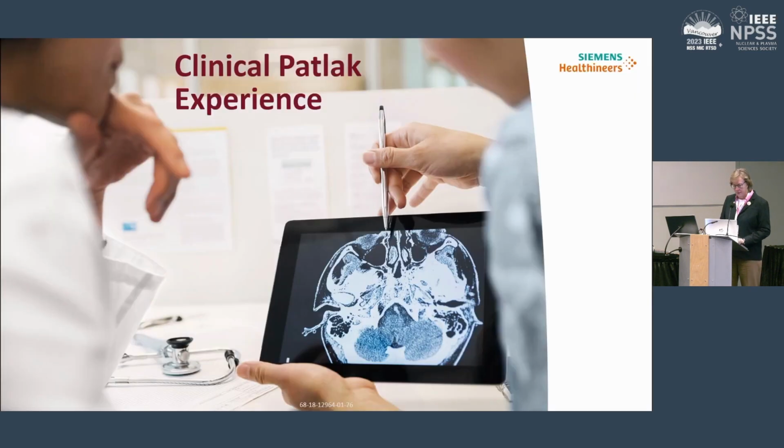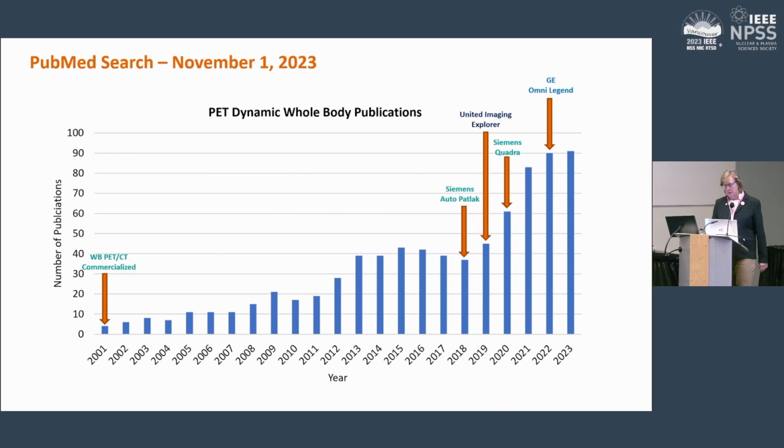So we got it out there. People started using it, and here's some of the initial clinical PATLAC experience. First of all, I wanted to show some publications. And as I mentioned, we released it in 2018, and everything kind of started to go up after that. Hopefully it's because people are doing more modeling.